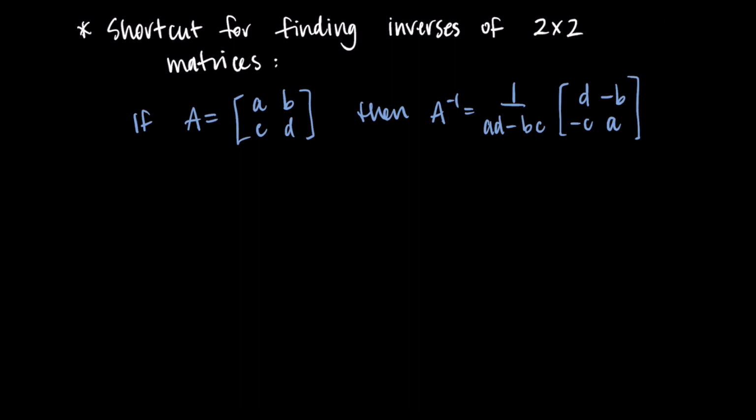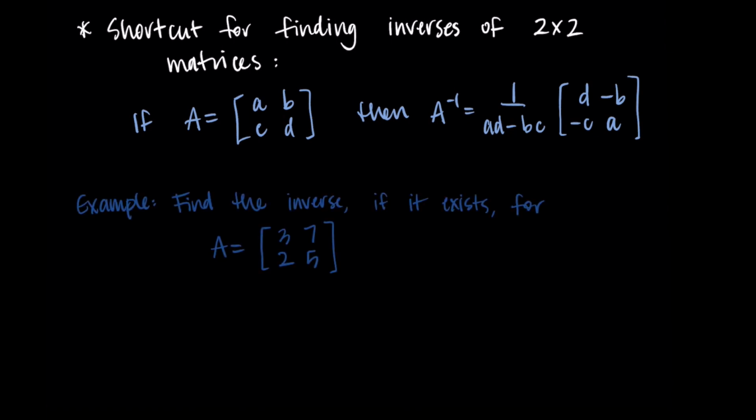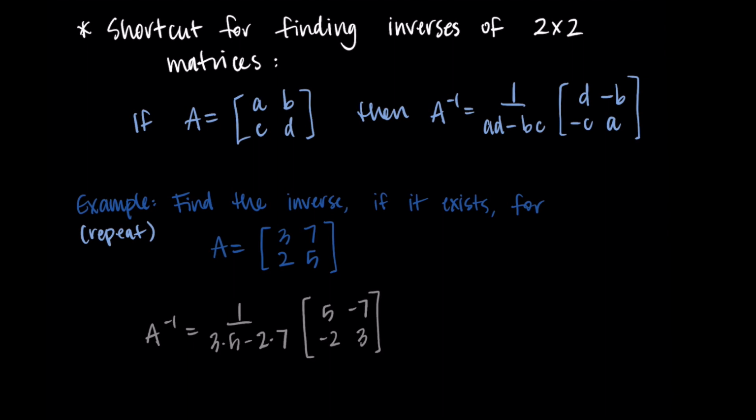So if we go back to that example, and we have that matrix A that we started with, let's use this new formula and make sure that we get the inverse. So I'm going to do 1 over AD minus BC, so that's 3 times 5 minus 2 times 7. Then in my matrix, I swap the A and the D, so the 3 and the 5 swap, and then I put negatives on the C and the B. So we have negative 2 and negative 7.